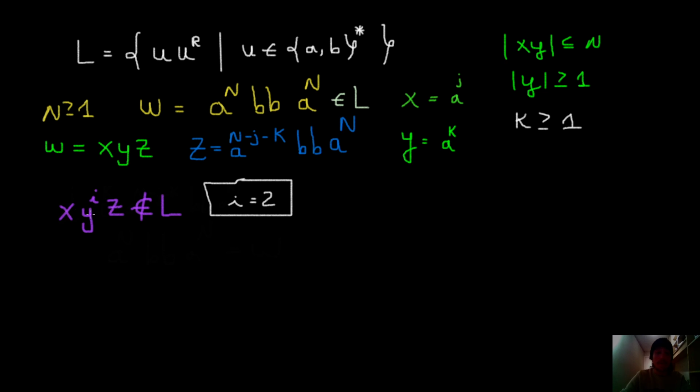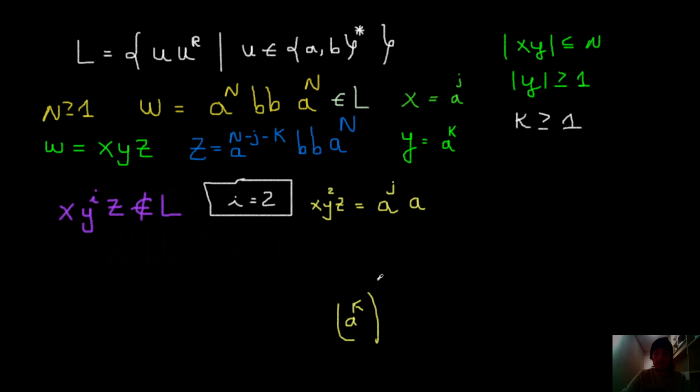So x concatenated with y raised to 2, right? So let's now apply this computation, concatenated with z. So this is equal to x, which is a raised to j, concatenated with y, which is a raised to k. Keep in mind that if we have a raised to k raised to 2, this is equal to a, and we multiply, so we have 2k, right?